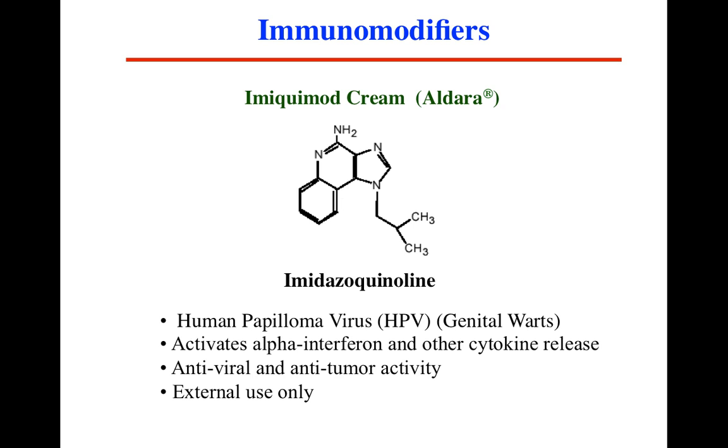I had a student who graduated from my lab, who went to work for 3M Pharmaceuticals, and he was actually working on projects to try to create more potent analogs that would potentially be more useful, particularly as anti-cancer agents, because if you activate the immune system, as we'll see later, you can have not only antiviral but anti-cancer activity.